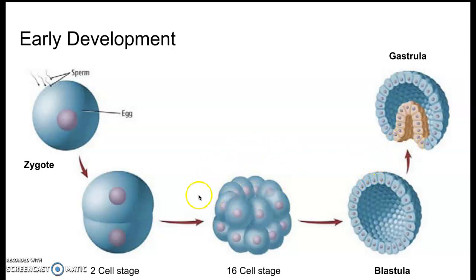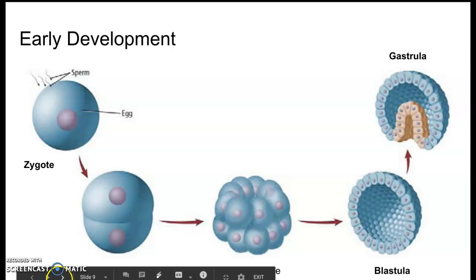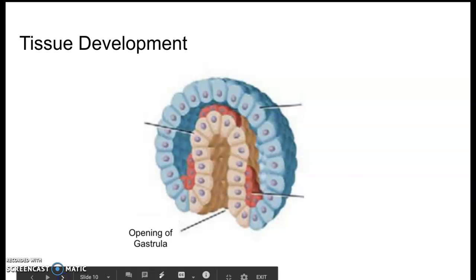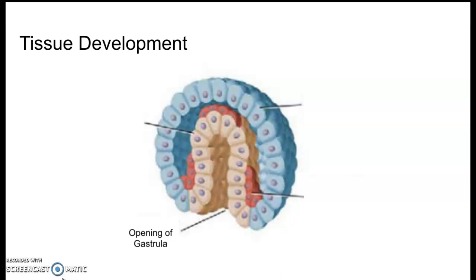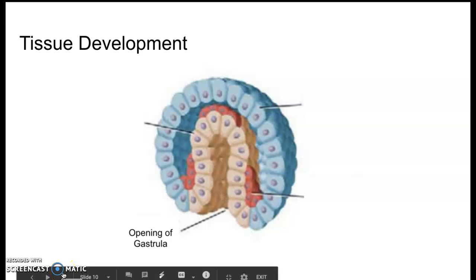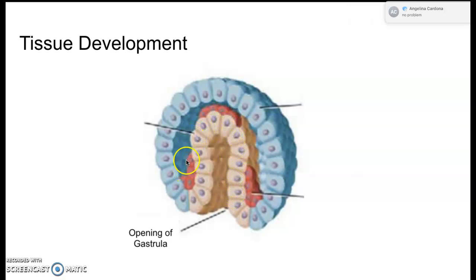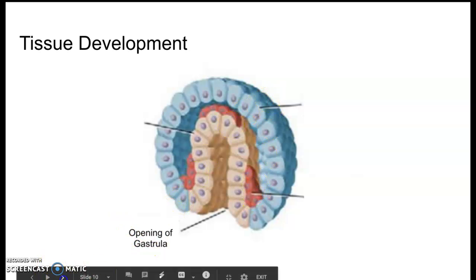The egg has been continuing to make cells through the whole process, and as it continues to develop, eventually it makes this. And we're going to talk about what this is, right? So this is a gastrula, and you can see all these cells continue to develop, and now we have multiple layers of cells. We have this inner section here, the red part and the blue part. So let's look at those parts.